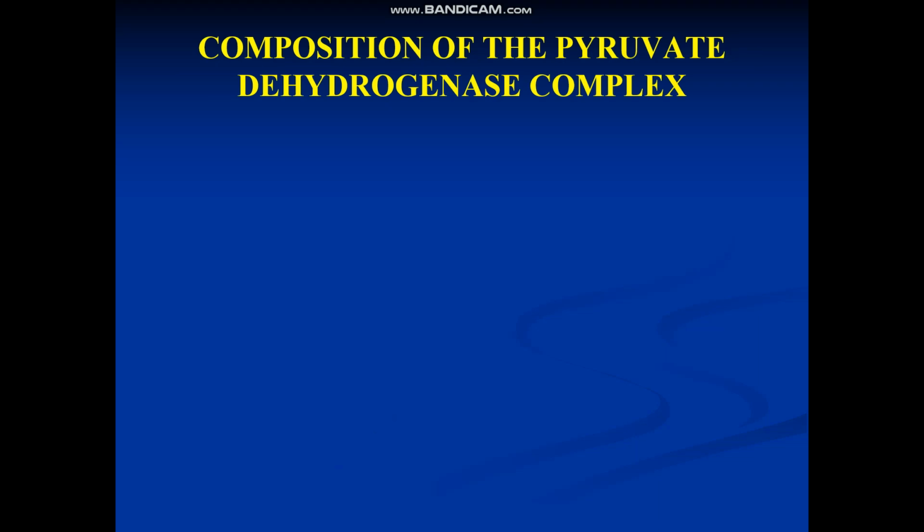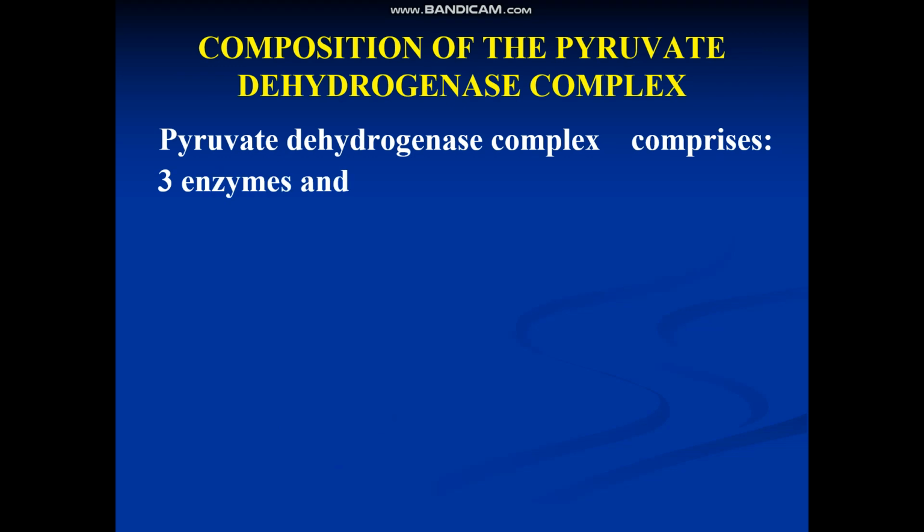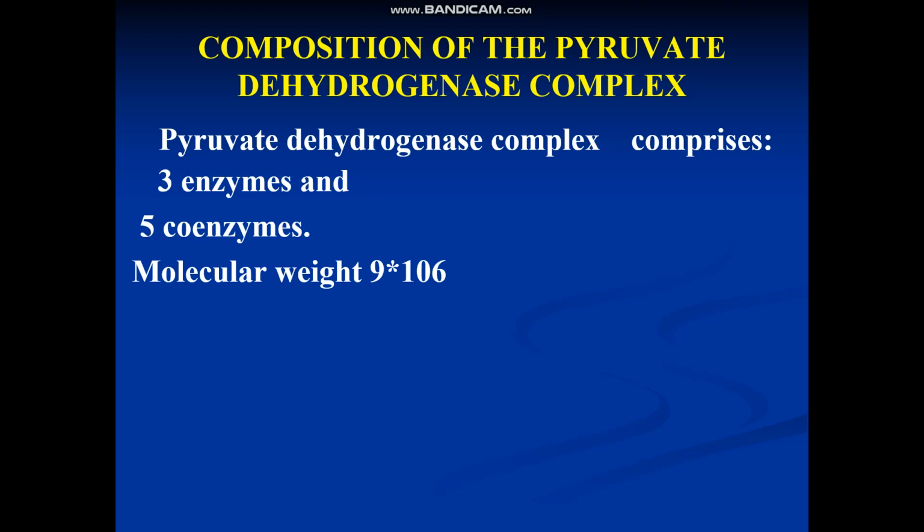Composition of the pyruvate dehydrogenase complex. The pyruvate dehydrogenase complex comprises 3 enzymes and 5 coenzymes.